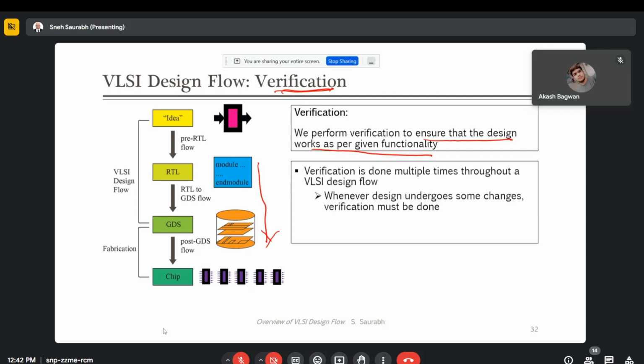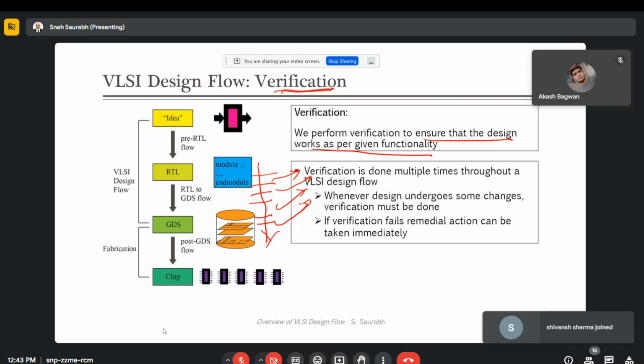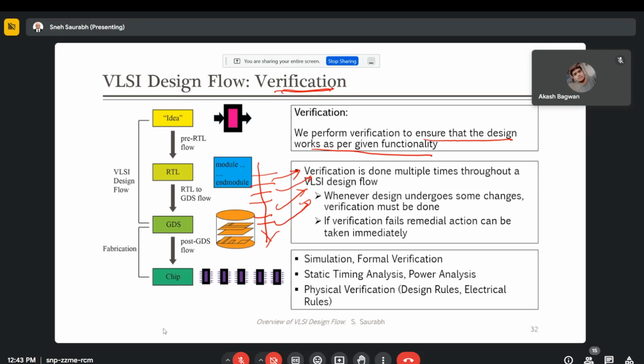So after each major step that we carry out in the VLSI design flow, we also carry out verification. The verification task is carried out whenever we make any major change in our design. If verification fails, then remedial action needs to be taken immediately, right?